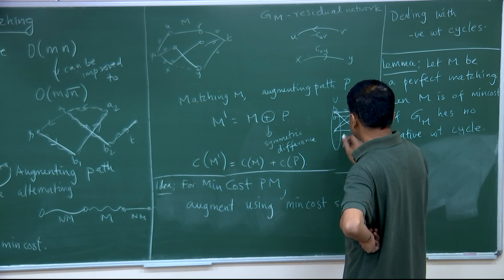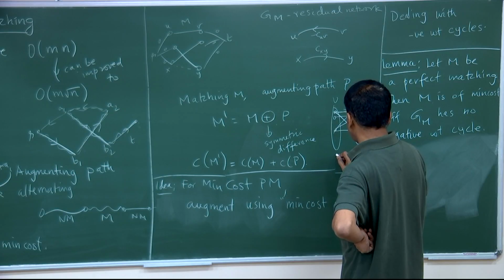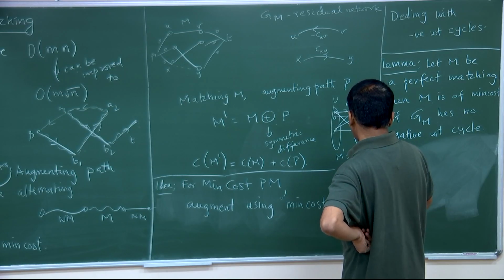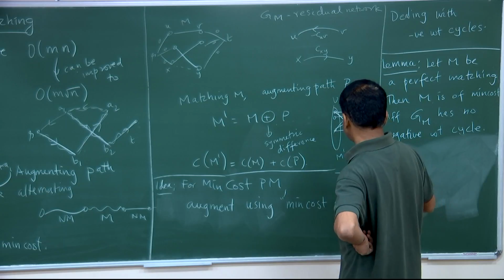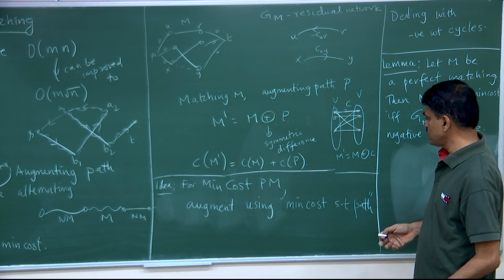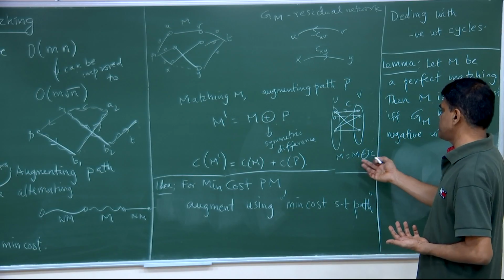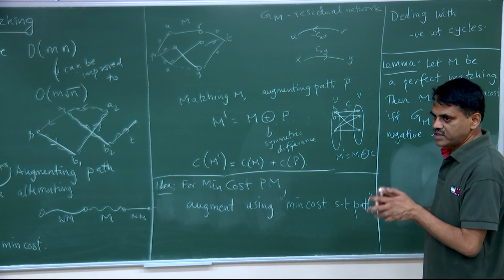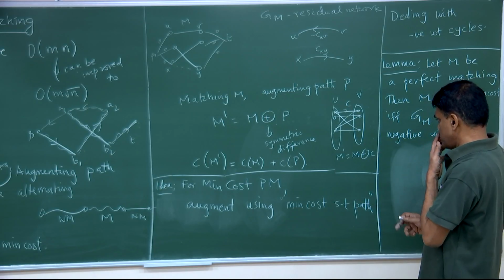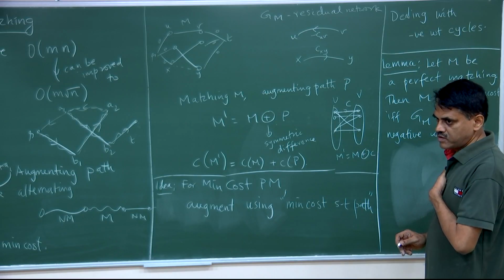Now let's call this cycle C, and I look at M prime, which is M plus C. This also makes sense, right? All I'm saying is anything in the matching and in the cycle, delete them and keep the rest. So what I get is a new matching.